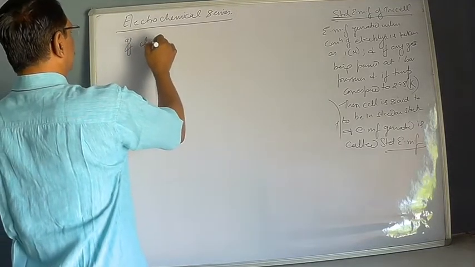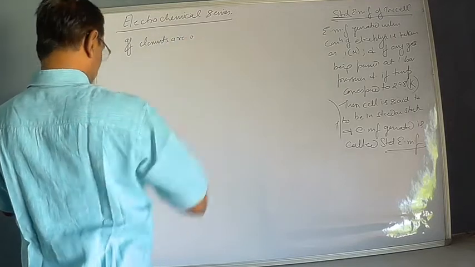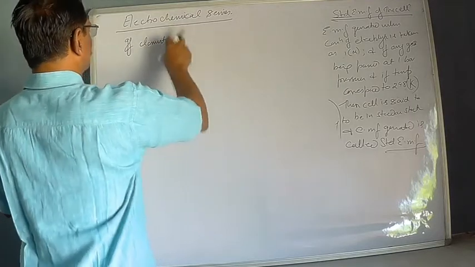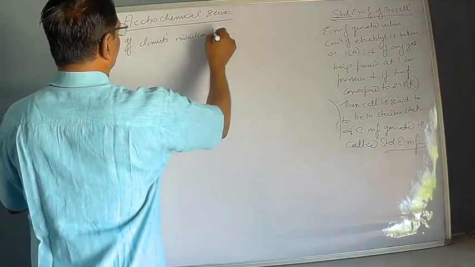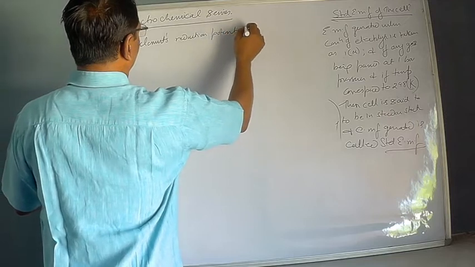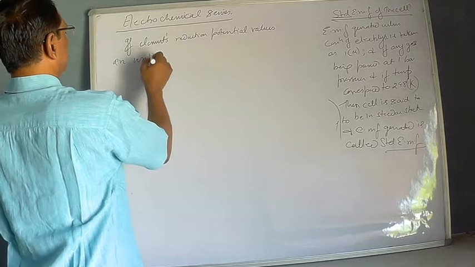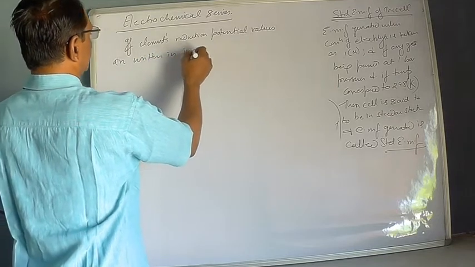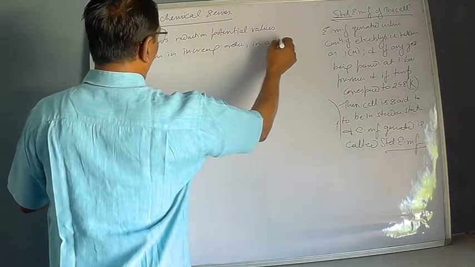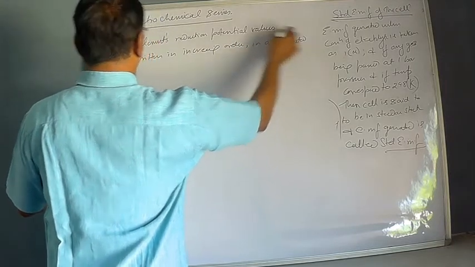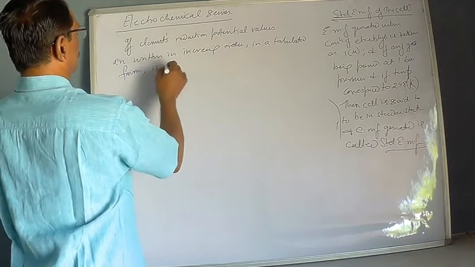If elements' reduction potential values are written in increasing order in a tabulated form, it is called electrochemical series.